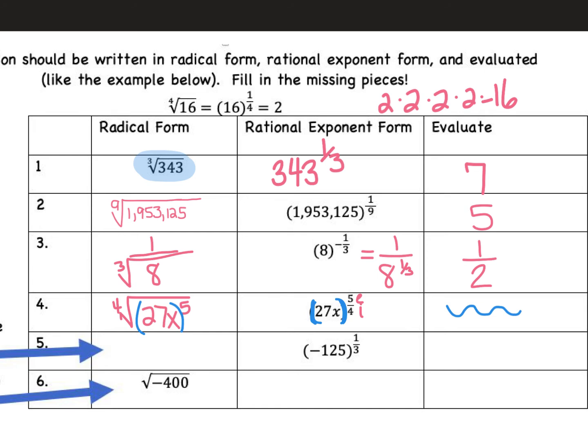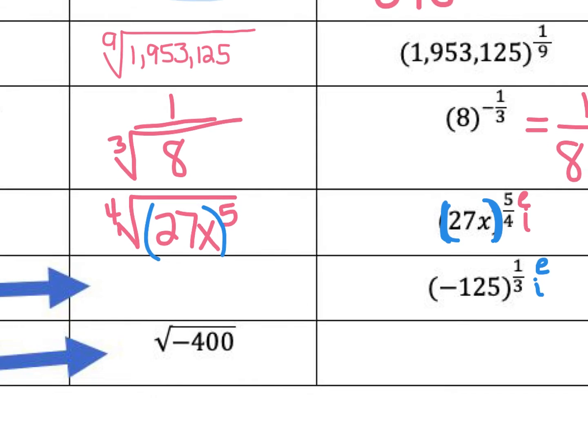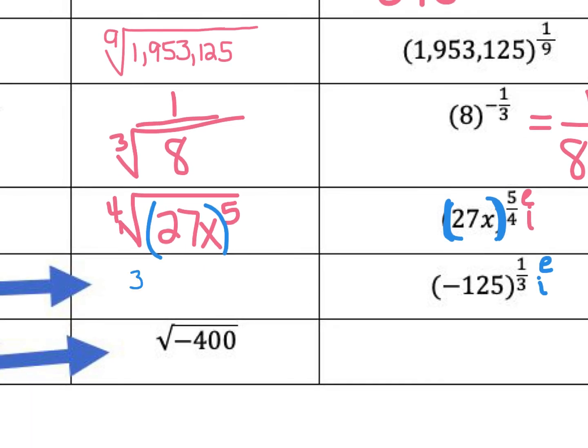Number 5, negative 125 to the 1/3 power. So this is exponent over index. So again, zoom in here, the cube root. Now, notice sometimes I do a little better job of keeping it inside here to really show it's an index. It's a good idea to do it like that. The cube root of negative 125 to the 1st power.